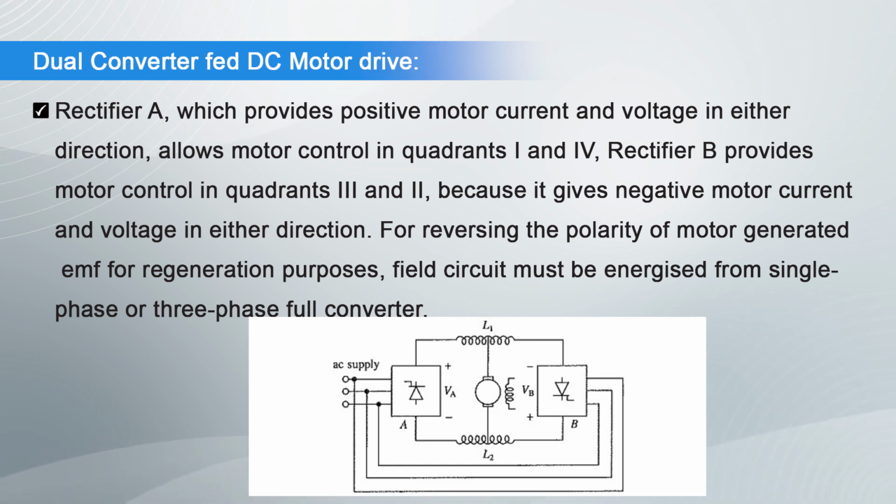Rectifier B provides motor control in quadrant 2 and 3, because it gives negative motor current and voltage in either direction. For reversing the polarity of the motor generated EMF for generation purpose, field current must be energized from single phase or 3-phase full converter.